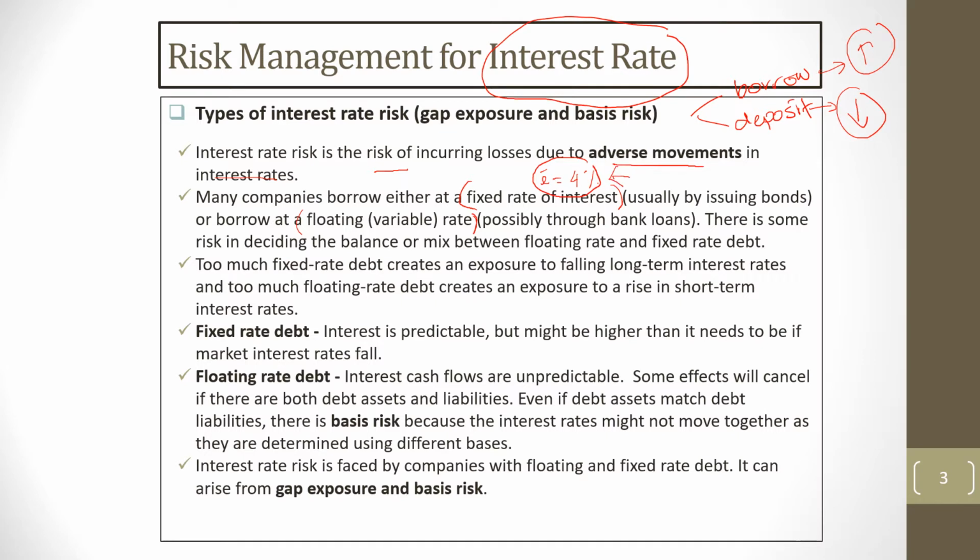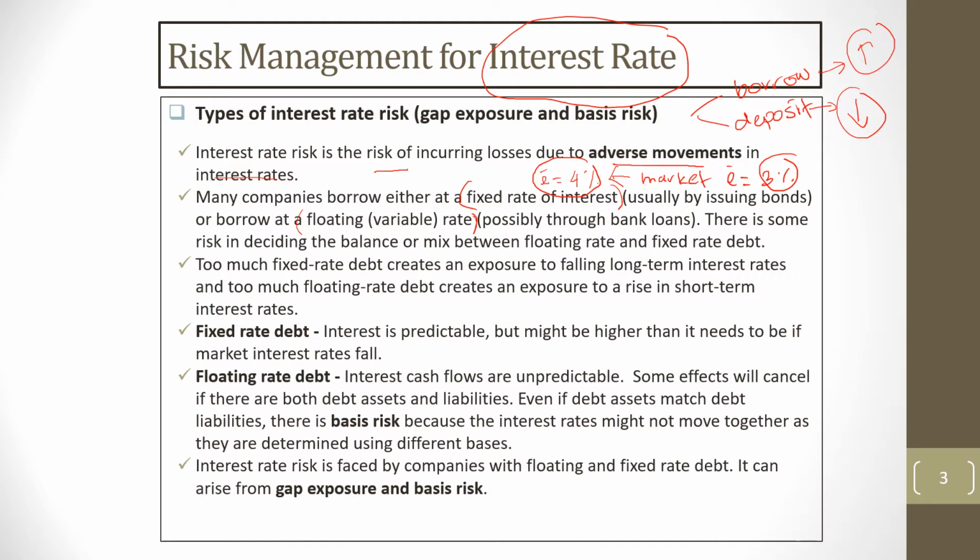Kenapa? Okay, cuba you fikir kalau on market interest tiba-tiba lower than 4%, which is that 3%. So it means that the borrower kena bayar 4% je lah, even the market dah turun dia punya interest rate to the 3%.